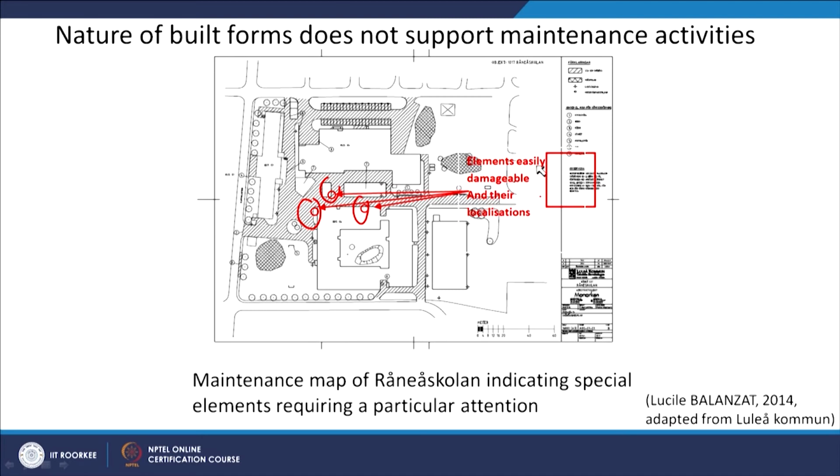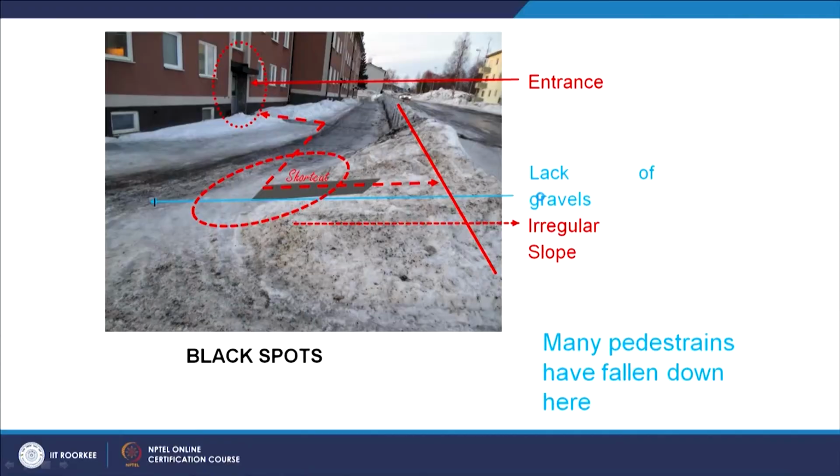So that is where a position to start rethinking about winter urbanism is needed, because when we are designing at the building level and its premises, we have to talk about how we can integrate the maintenance aspect also. Like for some of the black spots, you can see the gradient of a little slope, and many people have fallen.